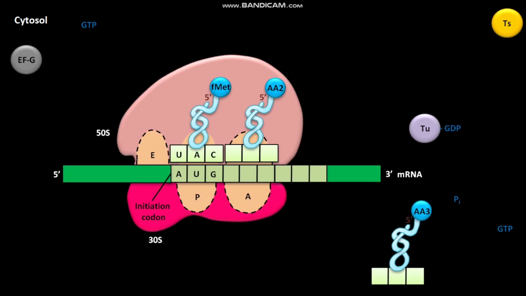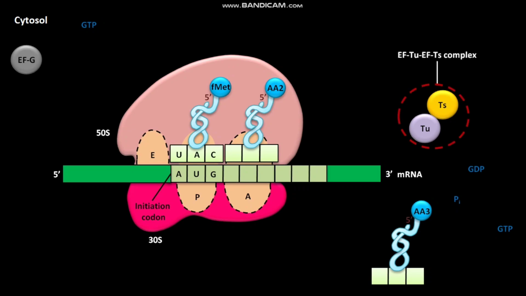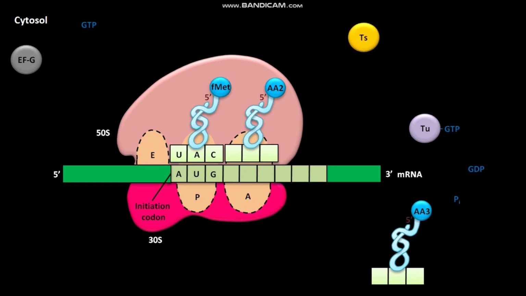The EF-Tu GDP complex then binds to EF-Ts. The GDP bound to EF-Tu is then released. As a result, EF-Tu EF-Ts complex is formed. Another molecule of GTP then binds to EF-Tu. The EF-Ts is then released.